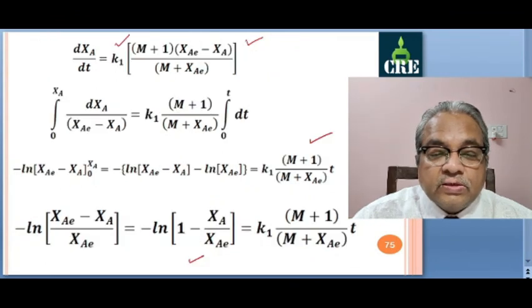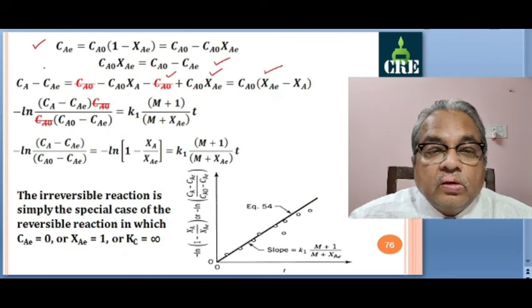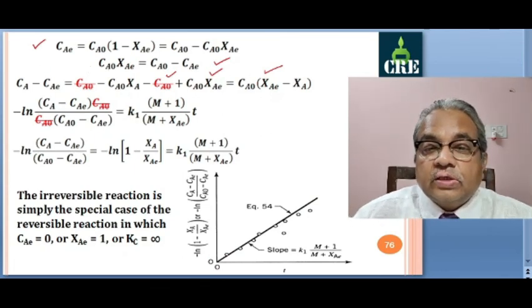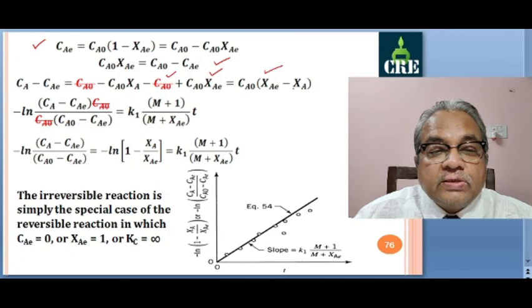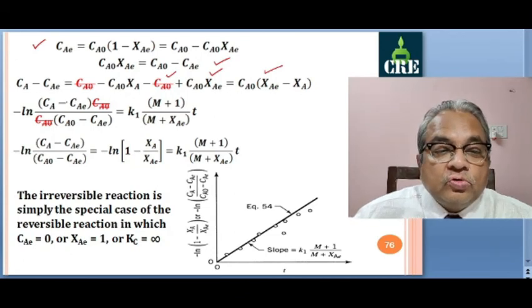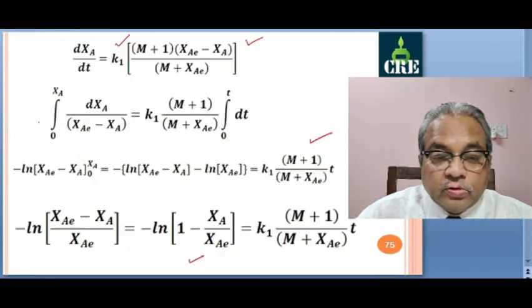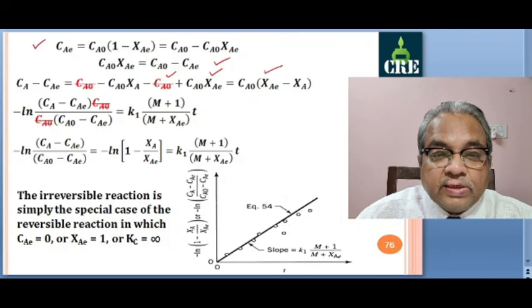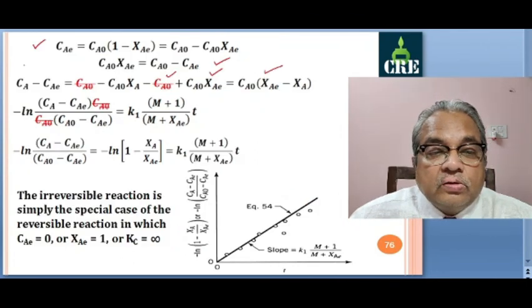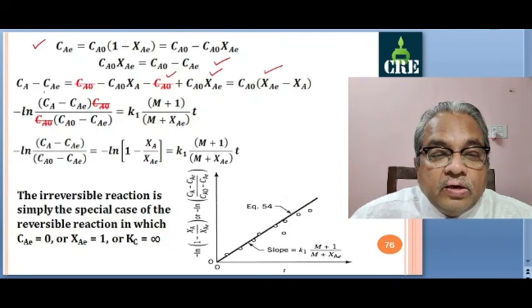XAE minus XA is in the numerator. So this XAE minus XA can be written as CA minus CAE by CA0.